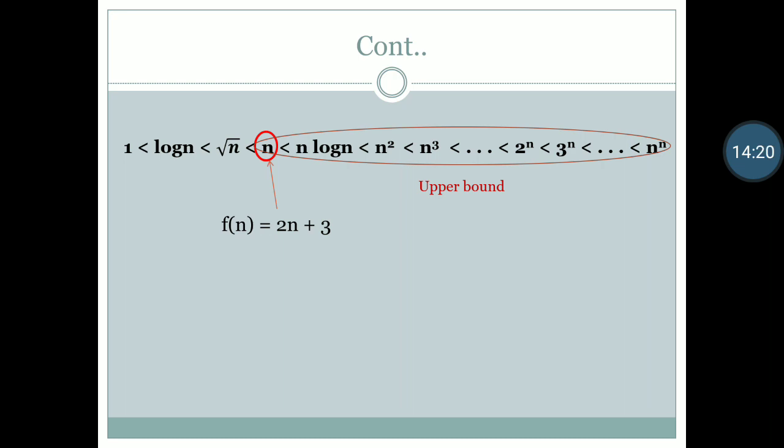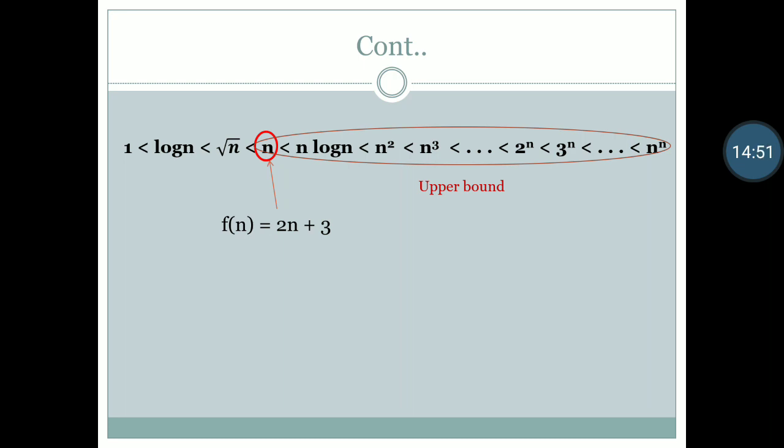Our function is 2n plus 3, its order is n, so we will use big O notation for n order only. Upper bounds are right for them, but we will not use those upper bounds, we will use only the nearest number to our n.